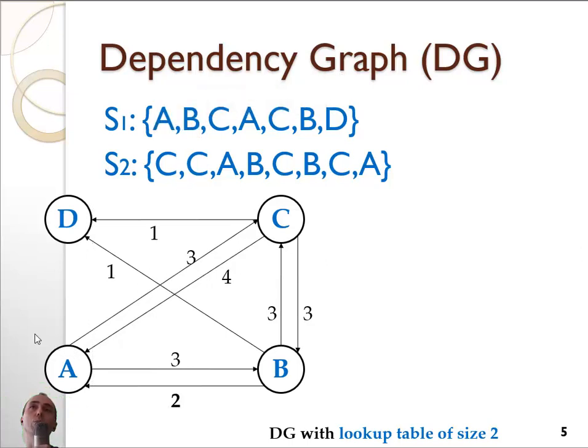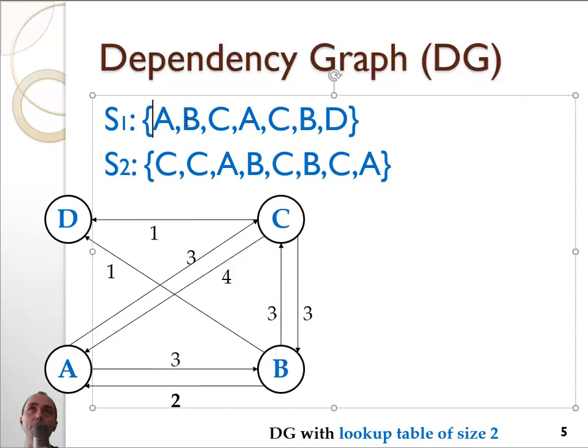So what we will do: A followed by B appears one time here, also one time here, and also one time here. When we say size 2, that means A must be followed by B within the 2 next symbols. So here on top, A followed by B appears one time within 2 symbols.